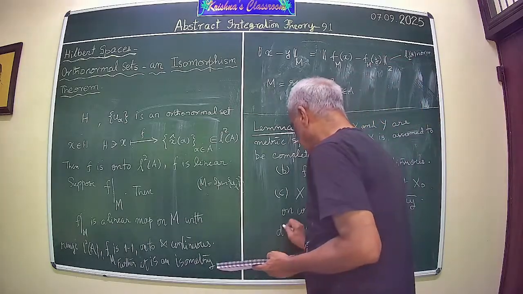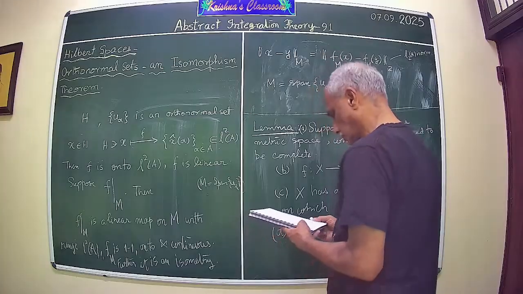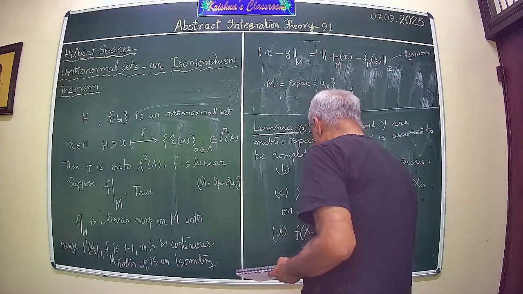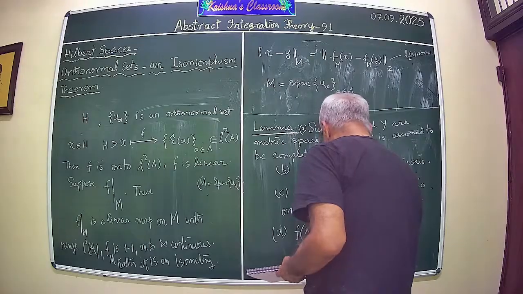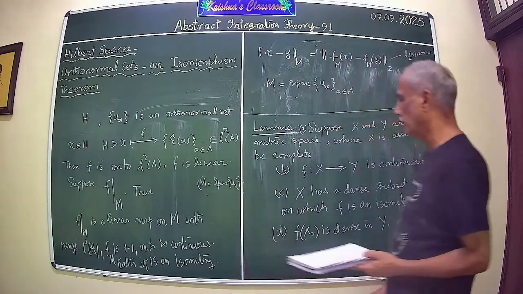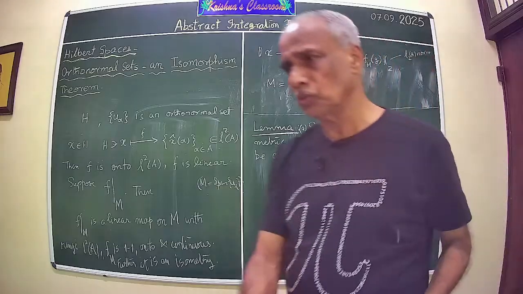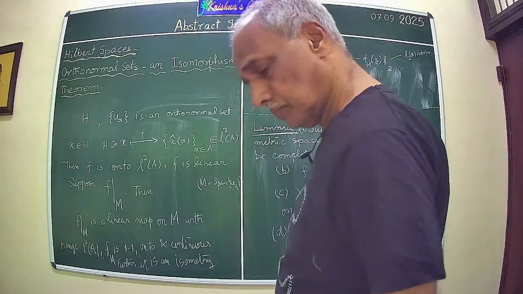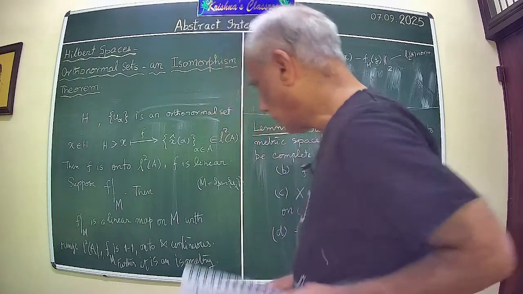So you have two spaces, two metric spaces. Then we make the following conclusion.